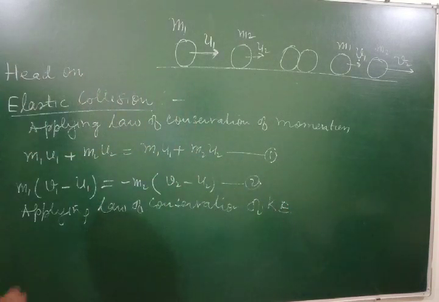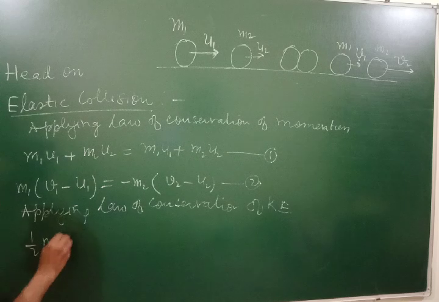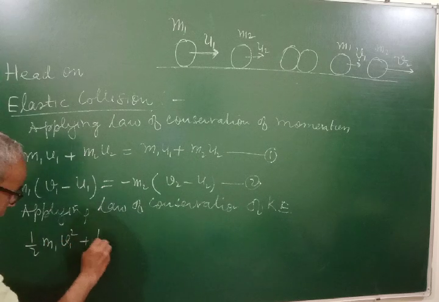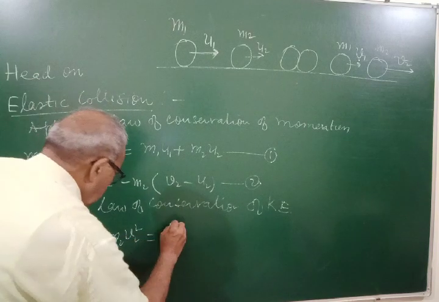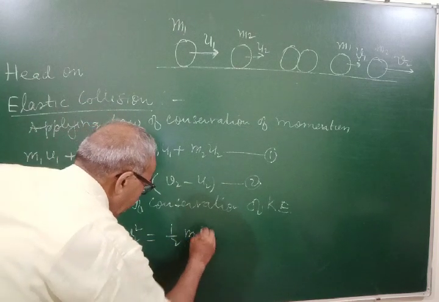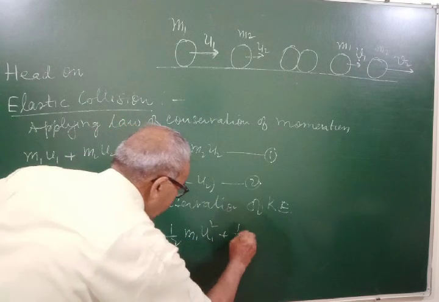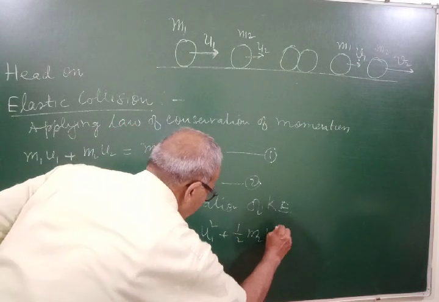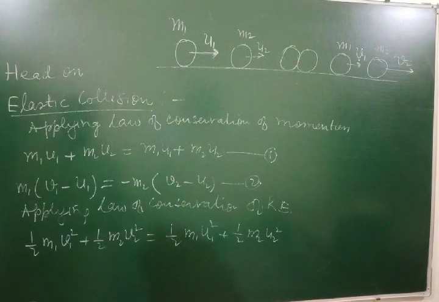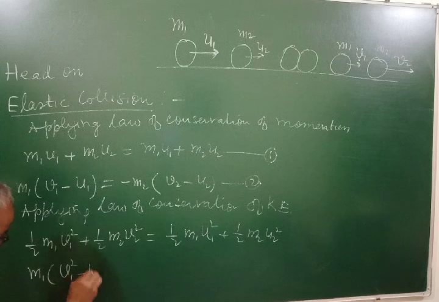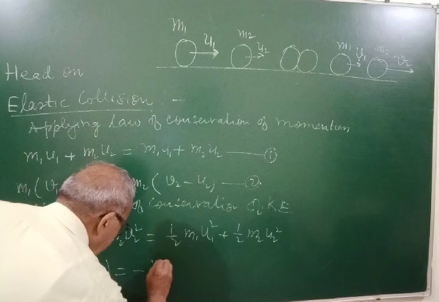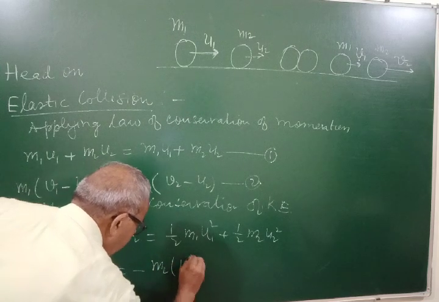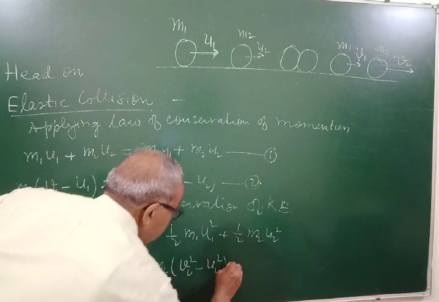What will we get? Half m1 v1 square plus half m2 v2 square is equal to half m1 u1 square plus half m2 u2 square. Half cancels and you will get m1 bracket v1 square minus u1 square equal to minus m2 bracket v2 square minus u2 square. Equation 3.